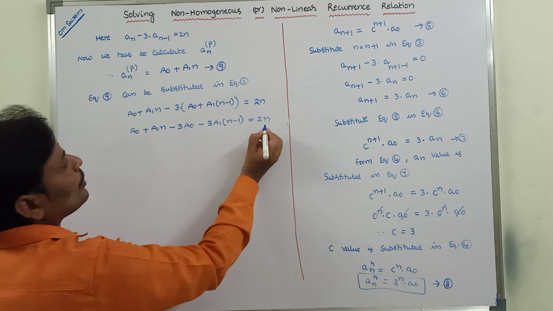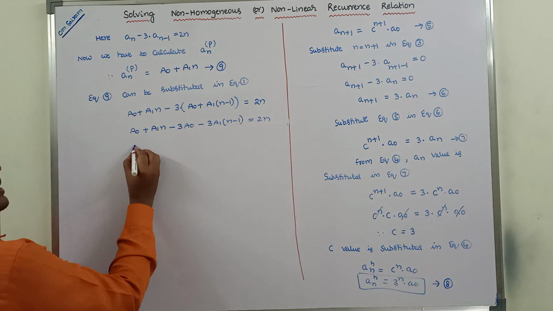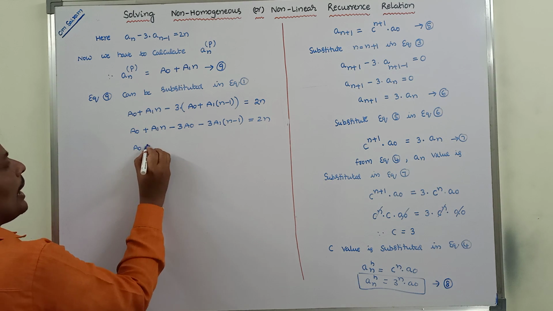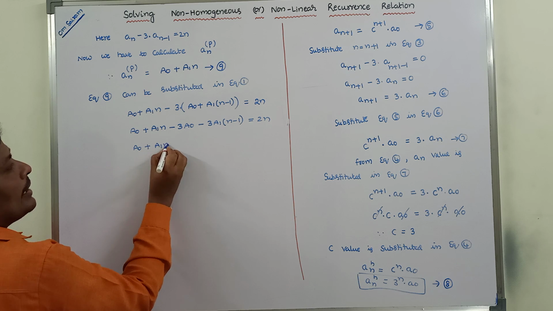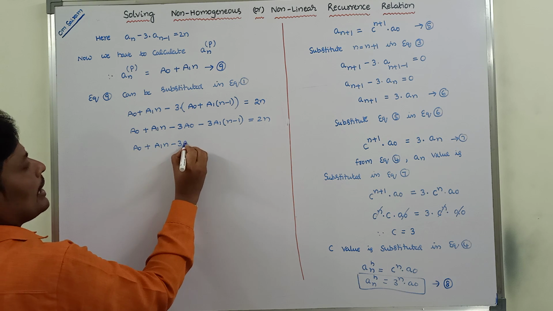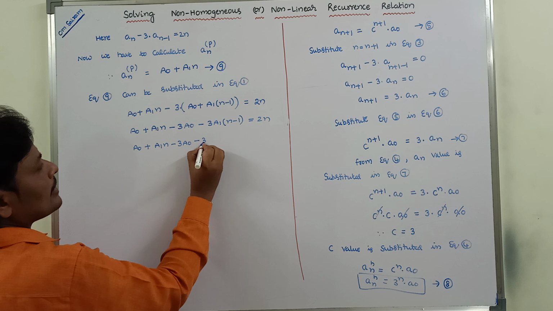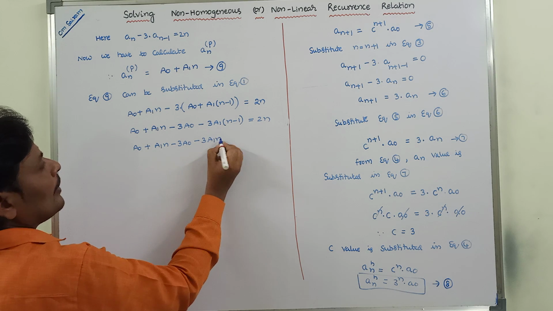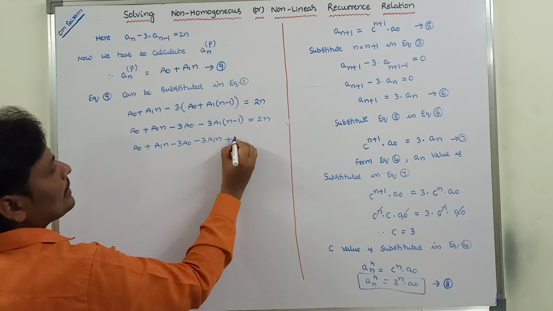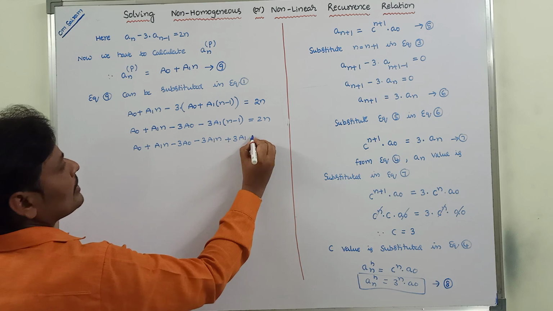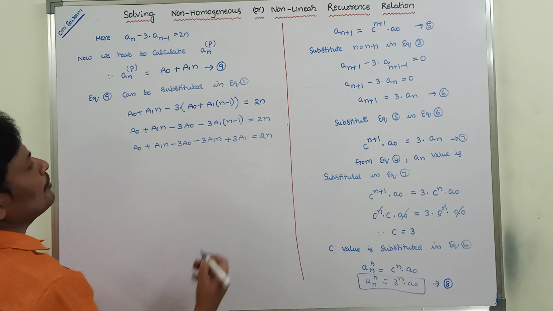is equal to 2n. Okay, next a naught plus a1n minus 3 into a naught minus 3a1n plus 3a1 is equal to 2n.